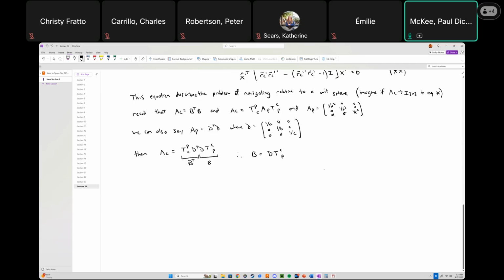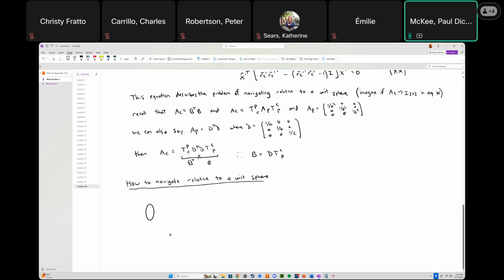Next is how to navigate relative to a unit sphere. So the problem is something like this, and I'm not even going to try to draw a circle.